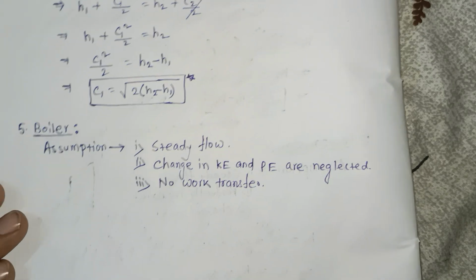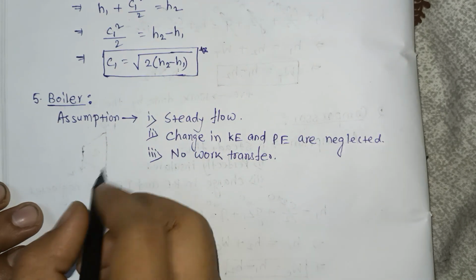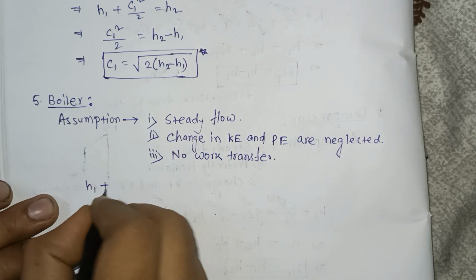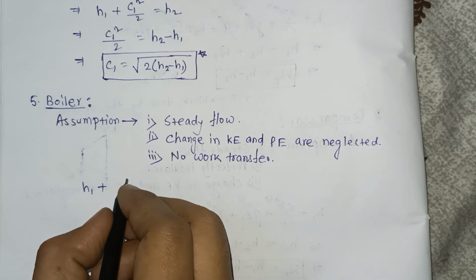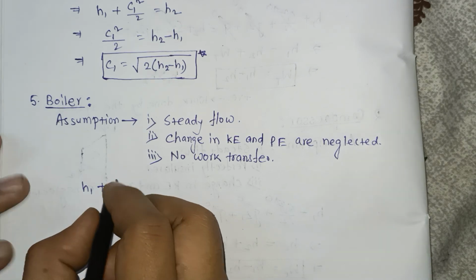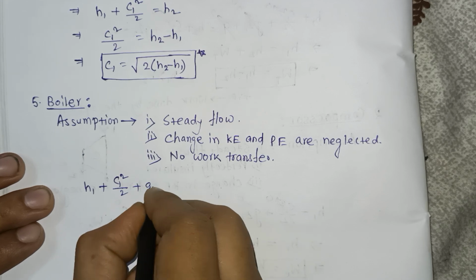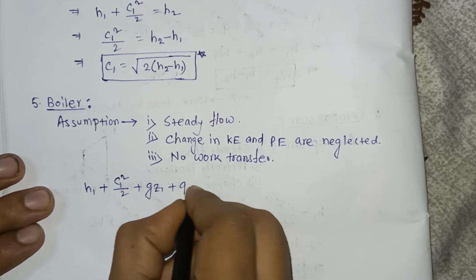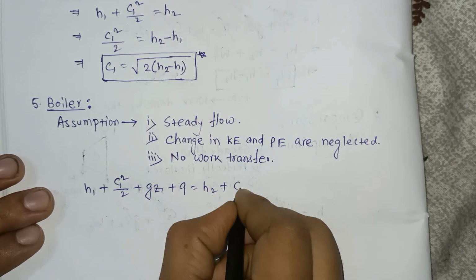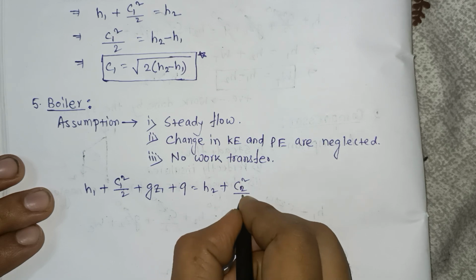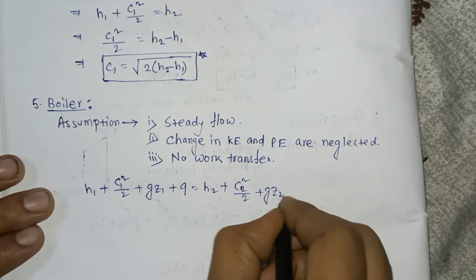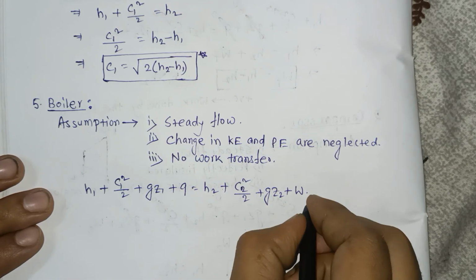Okay, so first write the steady flow energy equation, that is H1 plus C1 square by 2 plus gZ1 plus Q equals H2 plus C2 square by 2 plus gZ2 plus W of boiler.